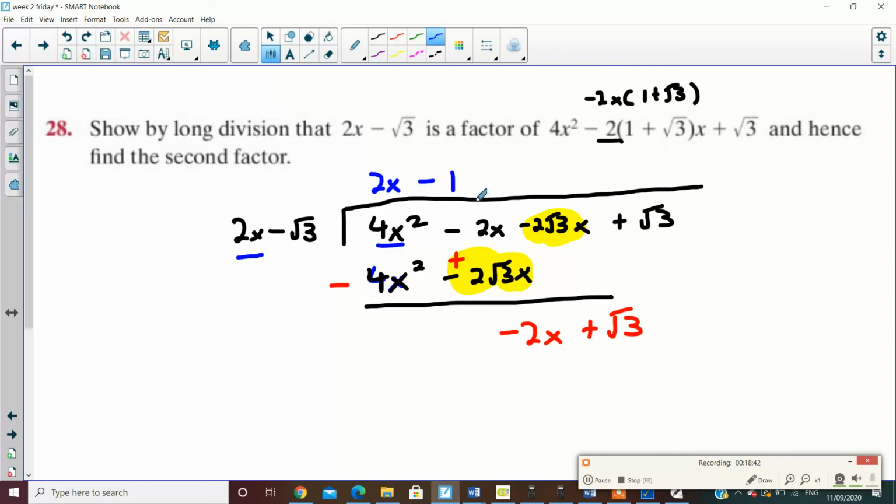So it's minus 1. Then you get minus 2x plus root 3. Change the signs, plus and a minus, and you got 0 there. What is the other factor? The other factor is 2x minus 1. And you're done.